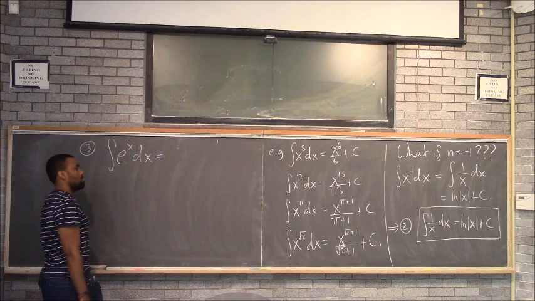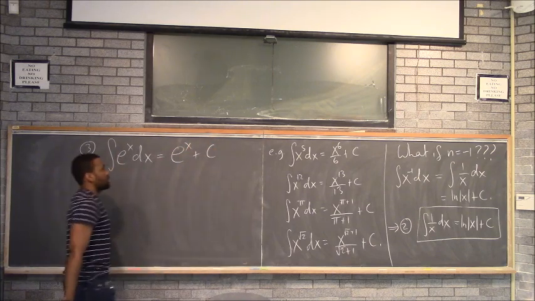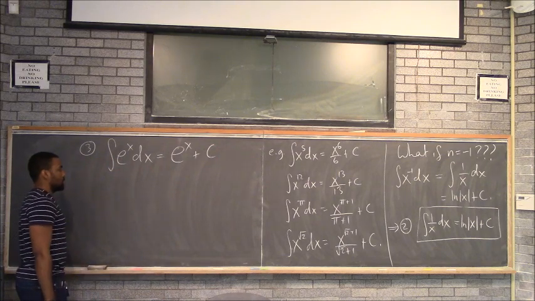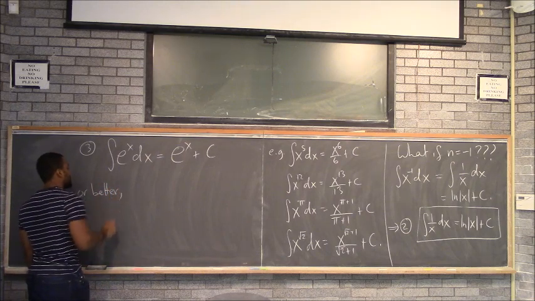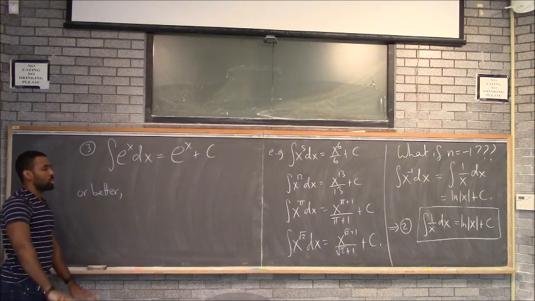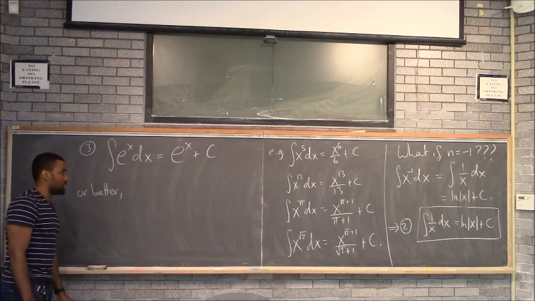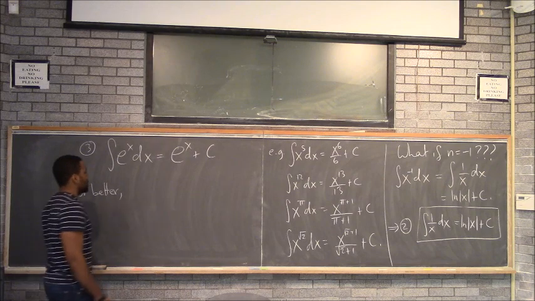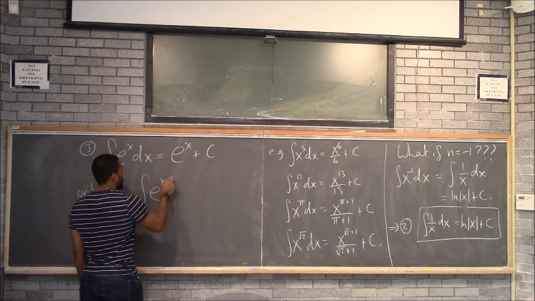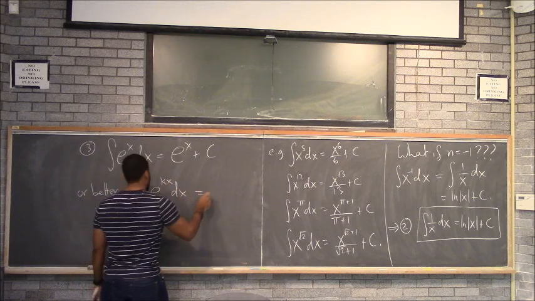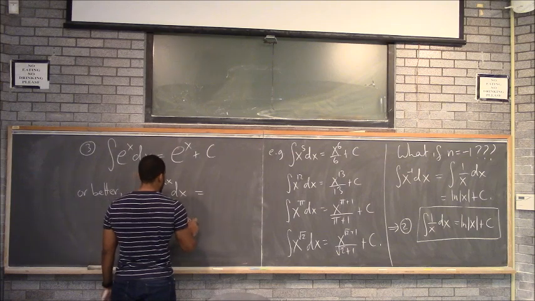What about the integral of e to the x? Right, we know that the derivative of e to the x was e to the x. Or better, we can generalize this slightly, and where this rule comes from we can justify later, but you can probably see what the answer is going to be. e to the kx, where k is a constant.